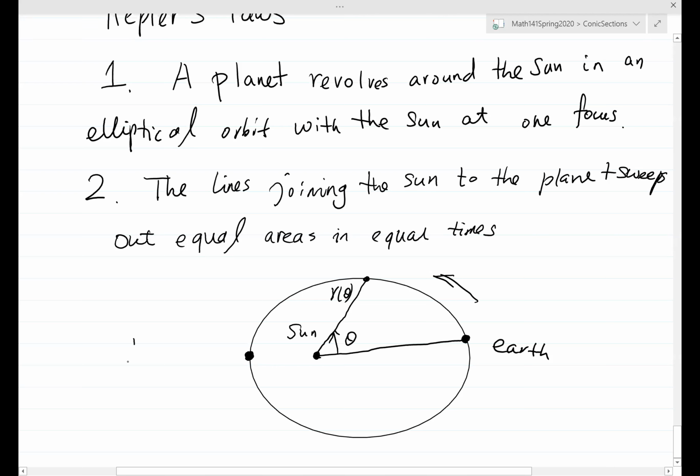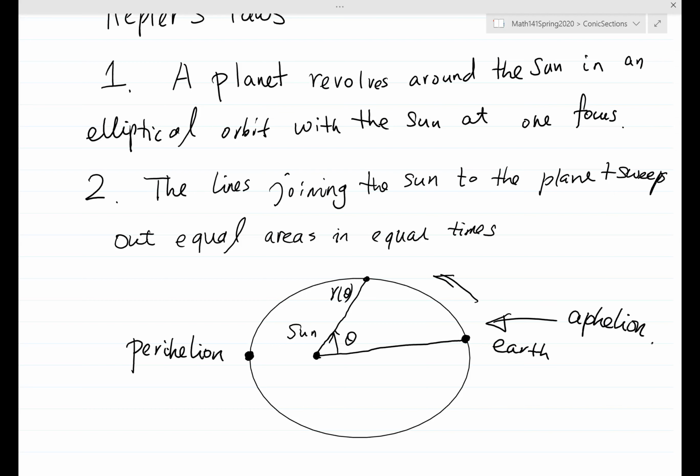And the furthest point is called the aphelion. The shortest point is called the perihelion.